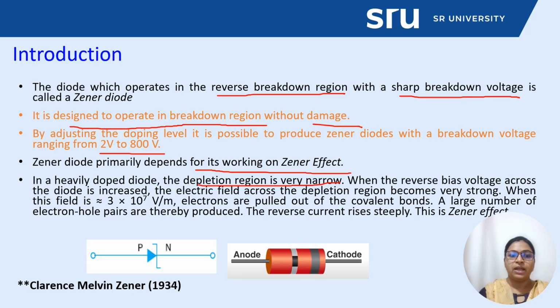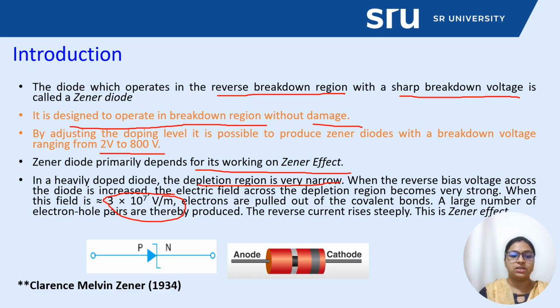When a field of this amount, 3 times 10 to the power of 7 volts per meter, is reached, electrons are pulled out of the covalent bond, and a large number of electron-hole pairs are thereby produced. The reverse current sharply rises. This is called the Zener effect.